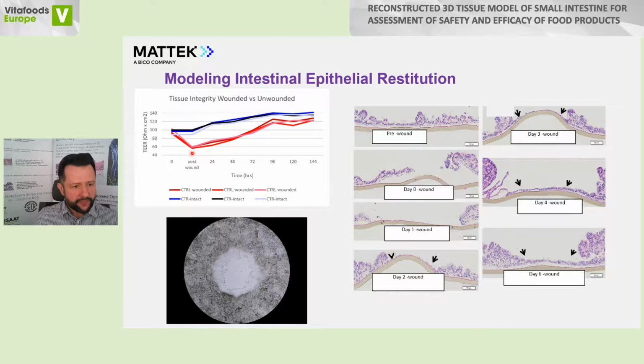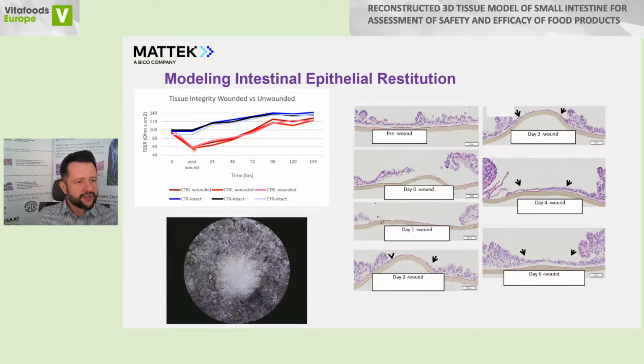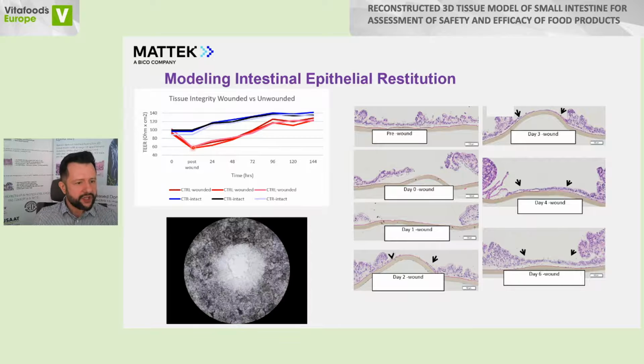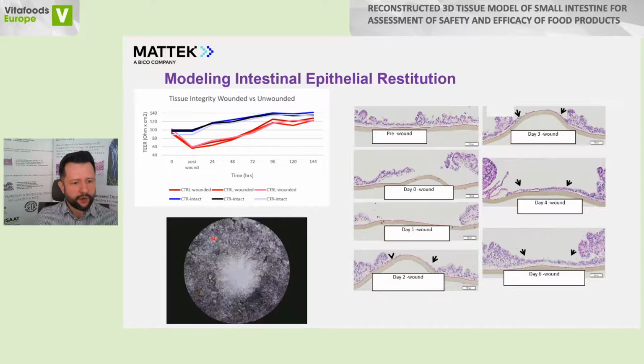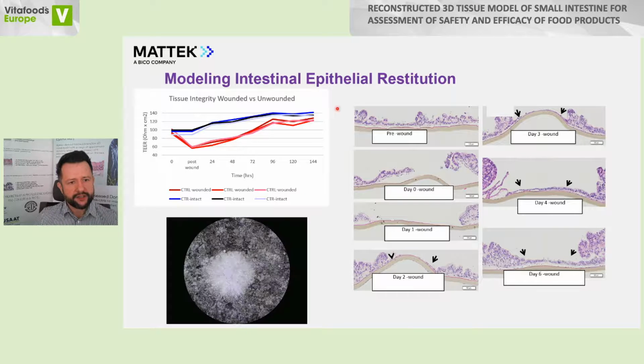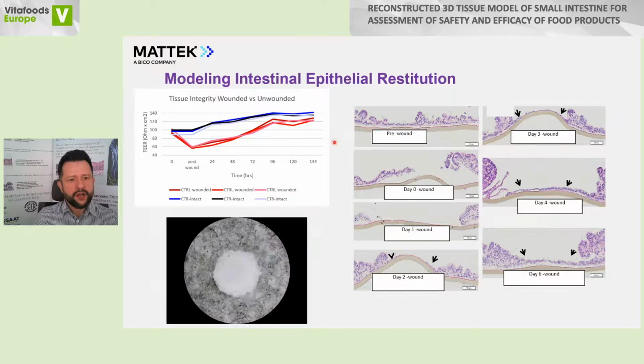And in the reddish colors, you can see 3 tissues which were wounded. So this is the pre-wound state. Once we wounded them, the TEER dropped by about 40%, and over the course of 6 days, as the cells were growing into the area, the measurable integrity of the tissue recovered.